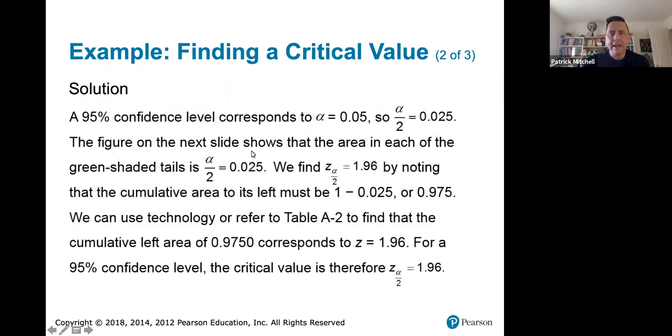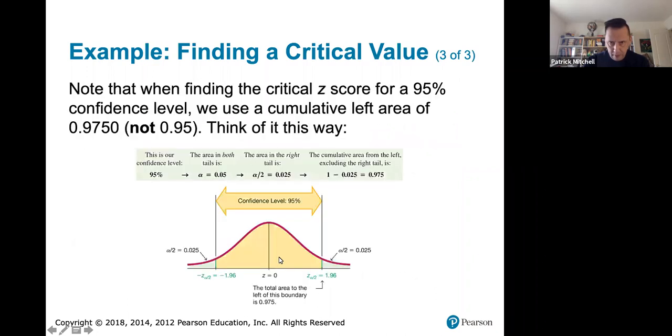The figure on the next slide shows the area in each of the green regions. Okay, so we're looking for z sub alpha over 2 for a 95% confidence interval, which means 95% in the middle. So I start with 95%, which means alpha is 0.05.